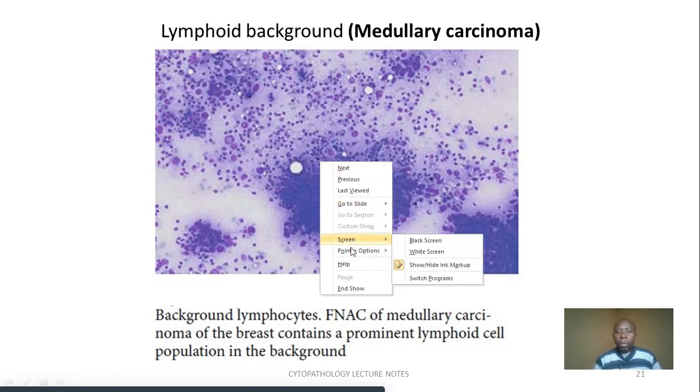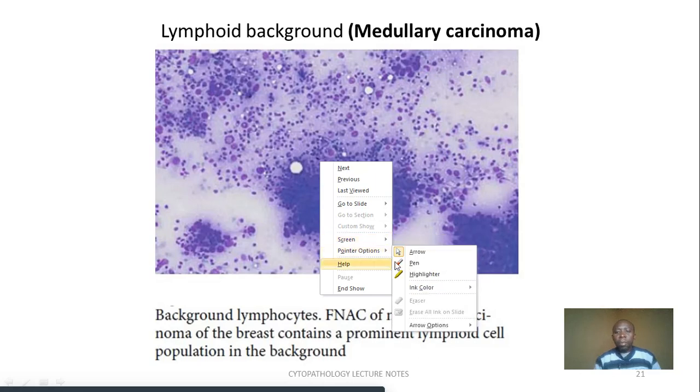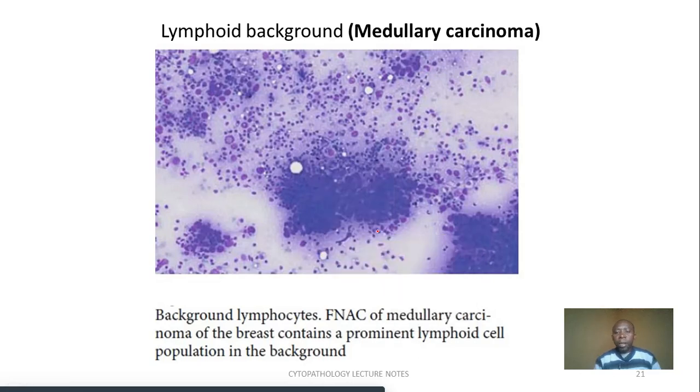If I can put my pointer back, we see a very huge representation of lymphocytes. In every area we see very many lymphocytes, and this is a very clear illustration of how a lymphoid background can appear.